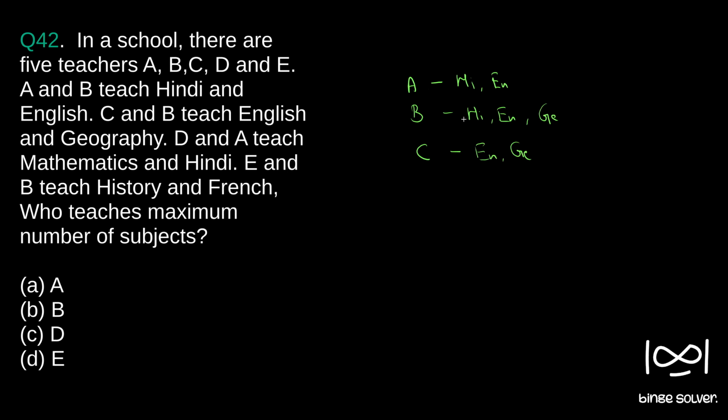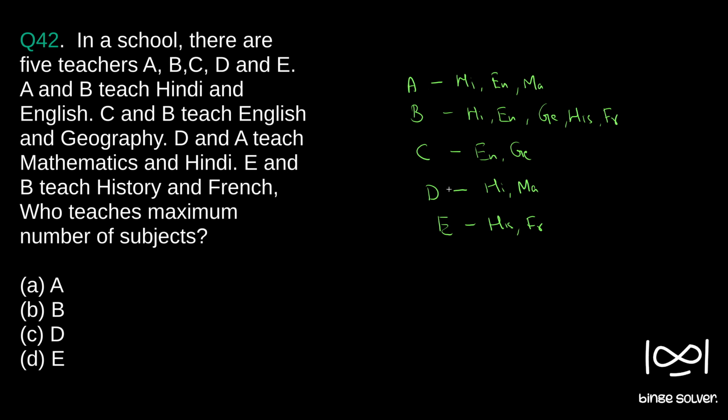So marking English and geography for B and C. D and A teach mathematics and Hindi. E and B teach history and French. So E and B, history and French.